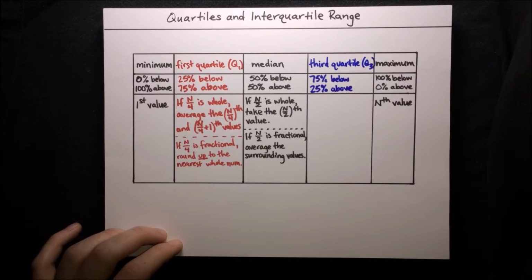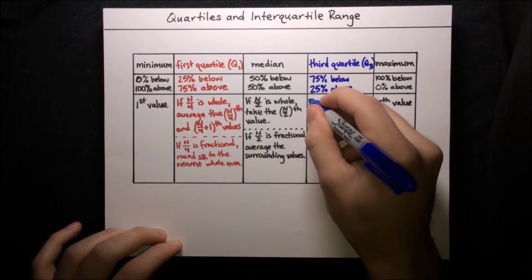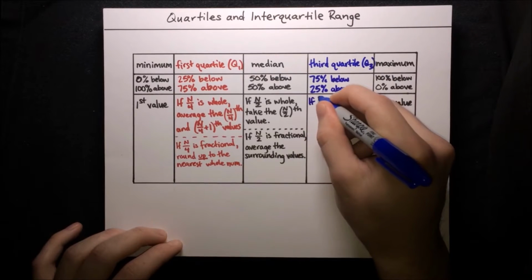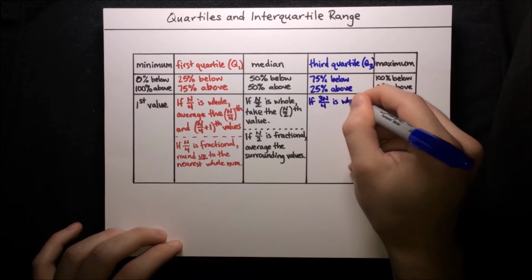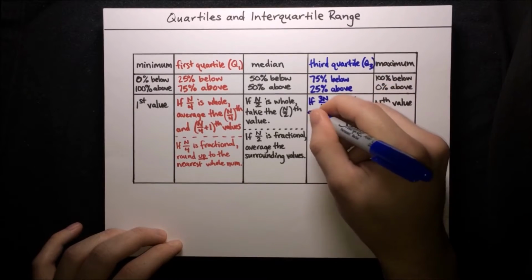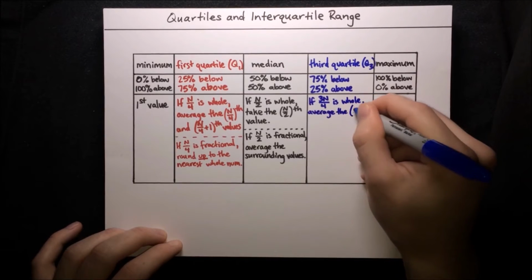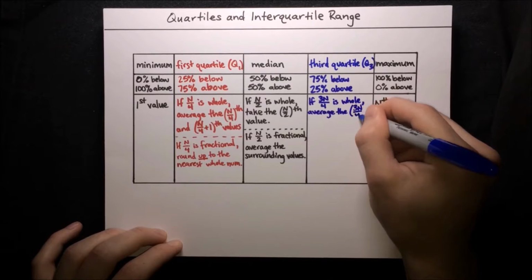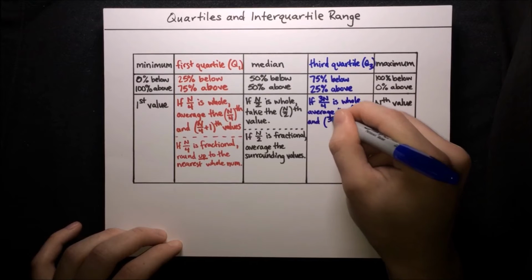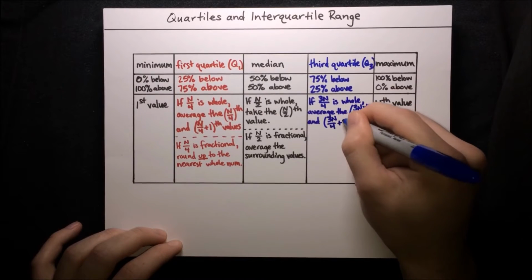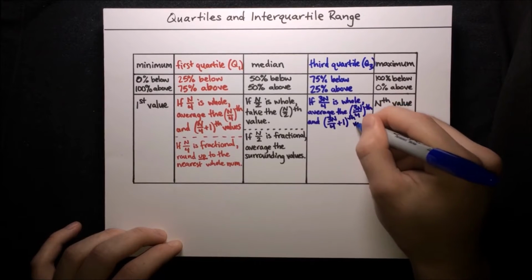And the way we compute this is very similar to the computation for the first quartile, except now we use 3n over 4. So if 3n over 4 is whole, average the 3n over 4 and 3n over 4 plus 1 values.